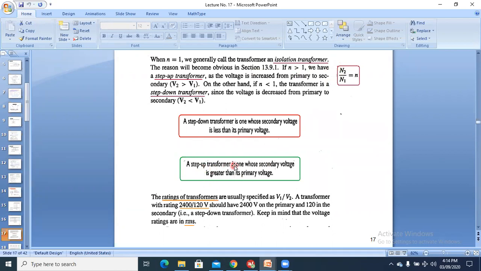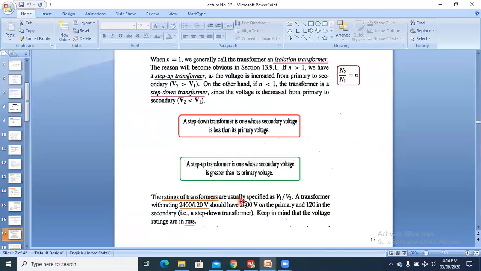So a step-up transformer is one whose secondary voltage is greater than its primary voltage. Similarly for a step-down transformer, the secondary windings are fewer in number compared to the primary turns of the coil. So the voltage V2 is less than V1, and the turn ratio is less than 1.